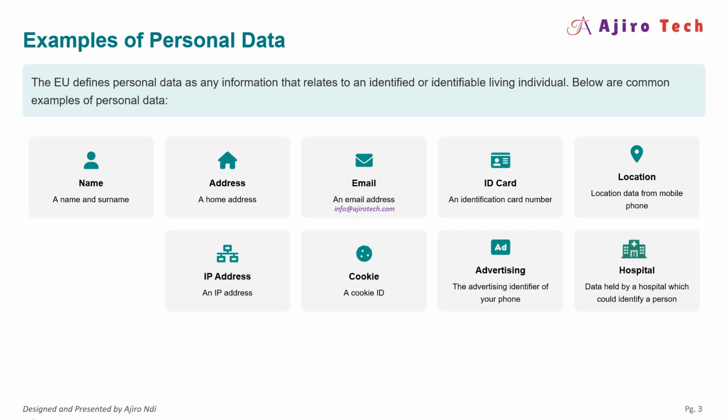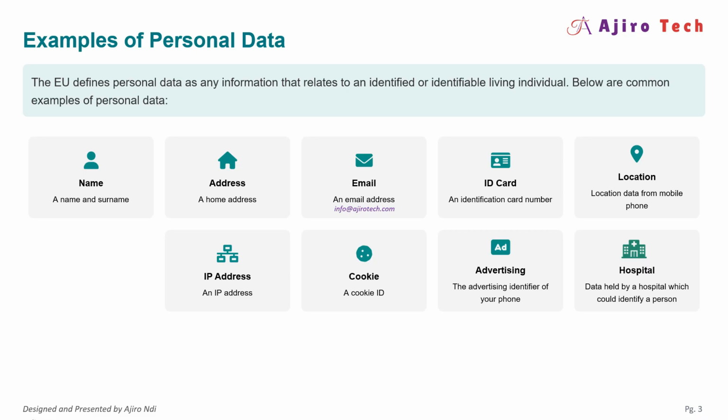We have name, and that constitutes your first name or forename, and then your surname or last name. We have address, your home address is seen as personal data. We have an email address, which can be used to identify you. For example, I have info, that's general, that's our email that you can send any information to.